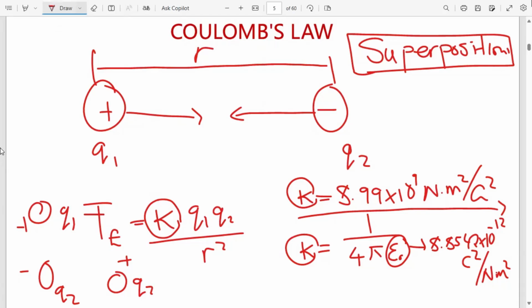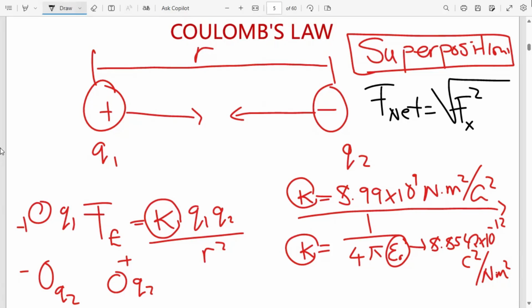So we can give an example on superpositioning. If you want to find the net force, F net, we're going to use our knowledge on vectors such that the net force on one charge will be equal to the vector sum of the other individual forces that we have in your axes.